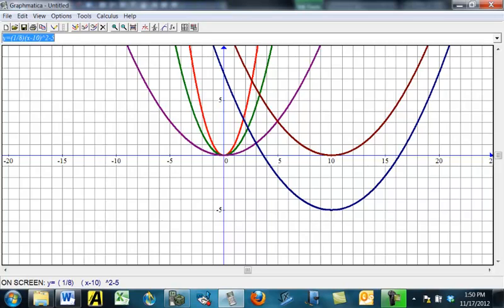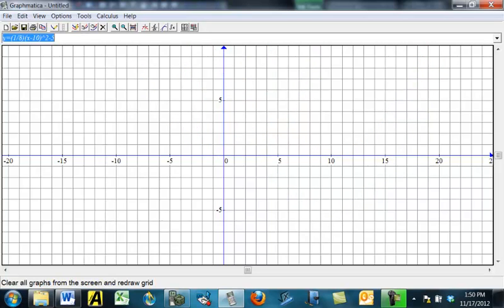So the thing you might think at this point is, hey, wait a minute, maybe all polynomials are just transformations of simple power functions. Well, not true. We can get some cubics that look like that. So for example, 2 times x minus 4 cubed plus 5.